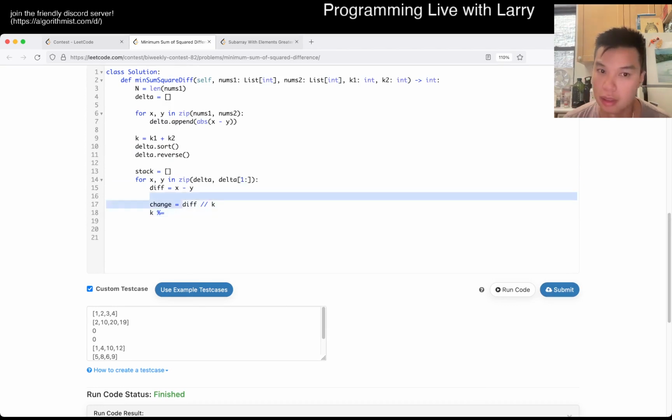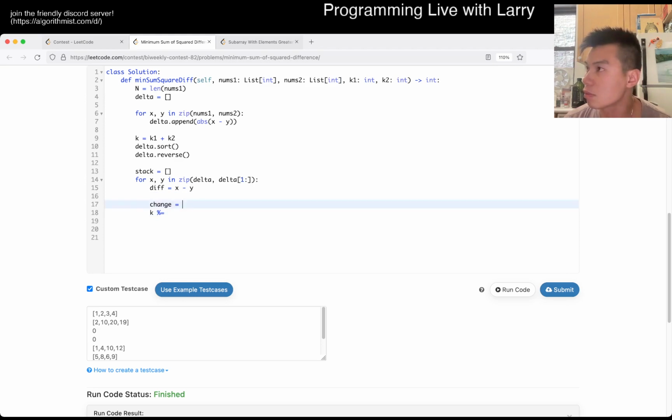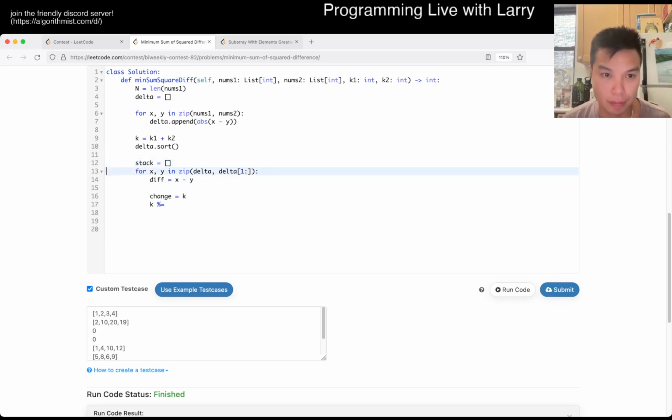This isn't right. It should be K. Instead of doing this funky thing.